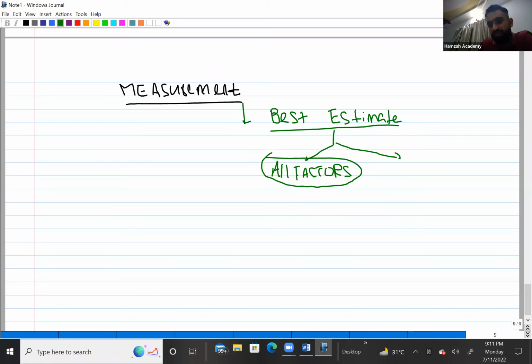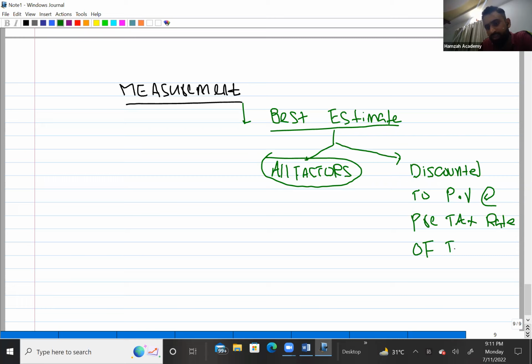And if the time value of money is material, provisions must be discounted to their present value using a pre-tax rate of return.